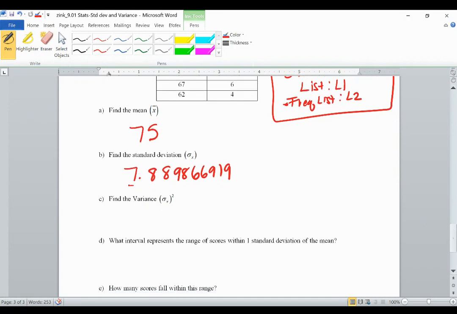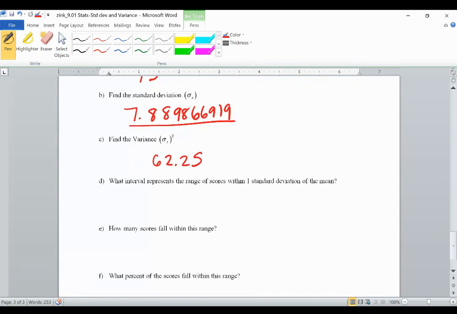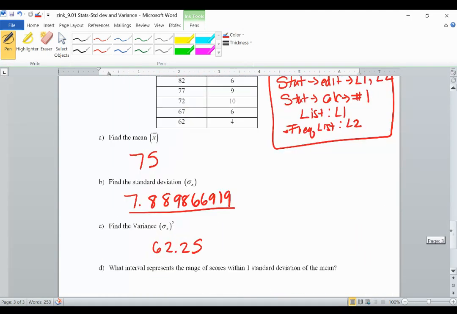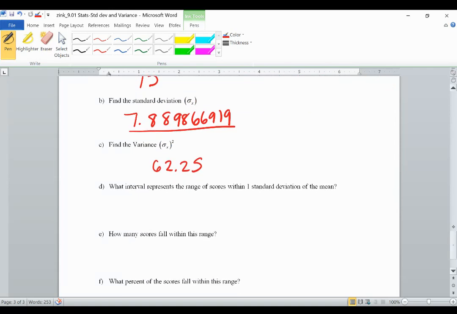The variance, we're going to take that number you just wrote down, and you're going to square it to get 62.25. And letter D asks what interval represents the range of scores within one standard deviation of the mean. So this is that last problem we just did, part D. So to figure this out, we need to find the mean, which we already have, and that's 75, and then we're going to subtract 1 standard deviation.